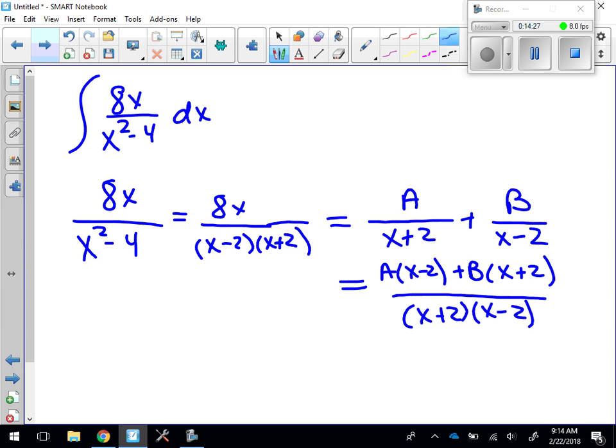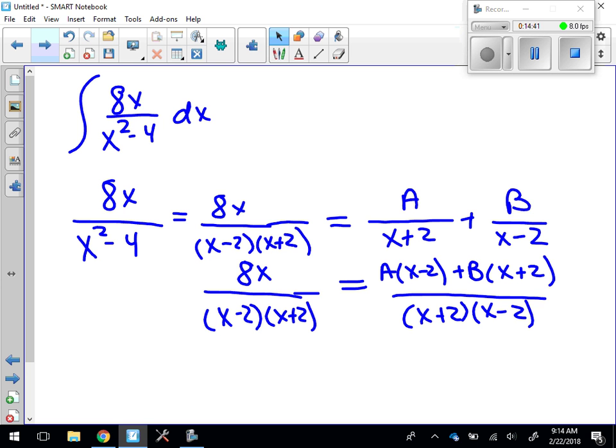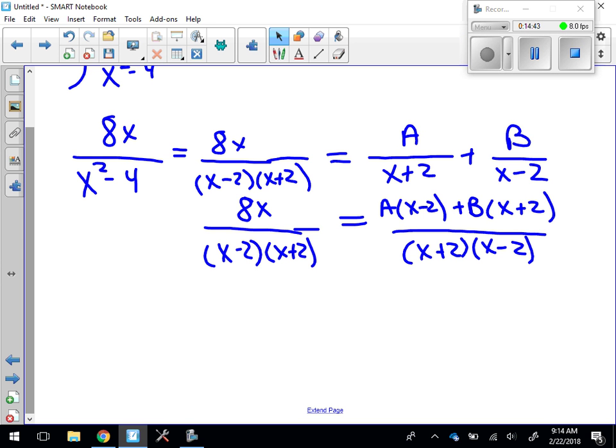Right? Everybody with me? Everybody remember? Okay. And that's equal to over here, x over x minus 2 times x plus 2. No, I don't know what A and B are. I'm not done. Nor have I solved my integral, which was my whole point.